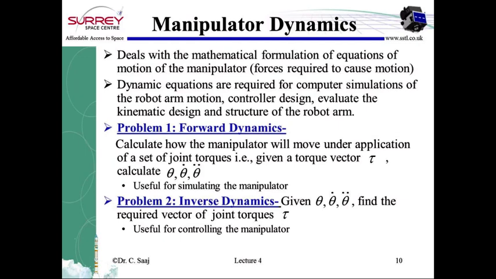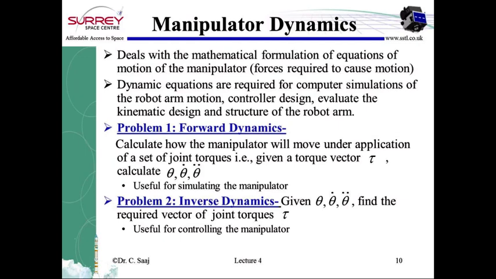Or in other words, in forward dynamics, we know the different joint torques. And based on that information, we can calculate the joint angles, the corresponding joint velocities, and joint accelerations. And we use forward dynamics for simulating a manipulator.